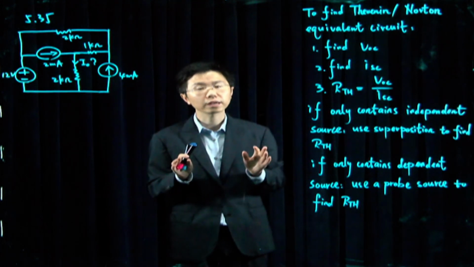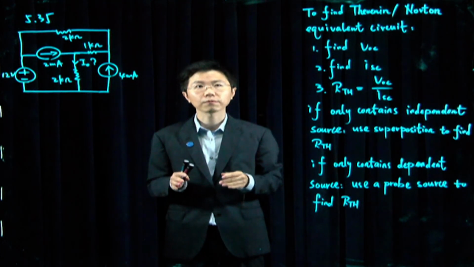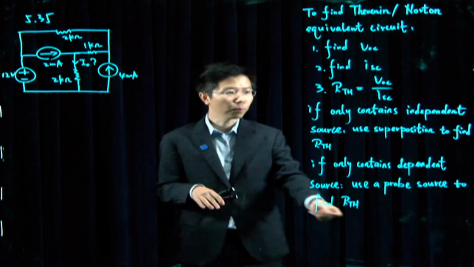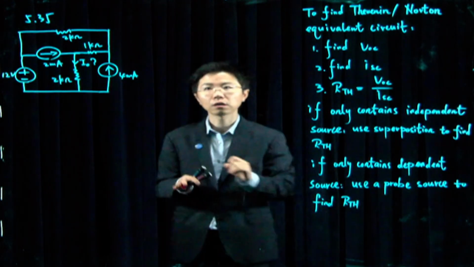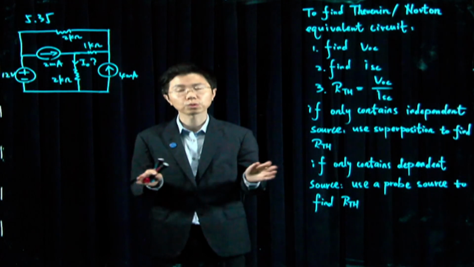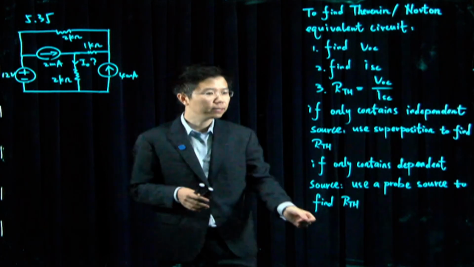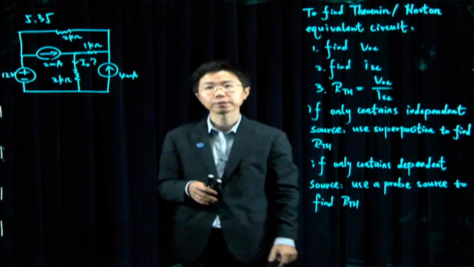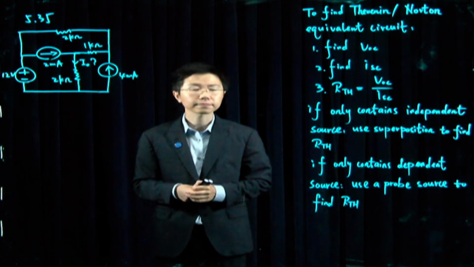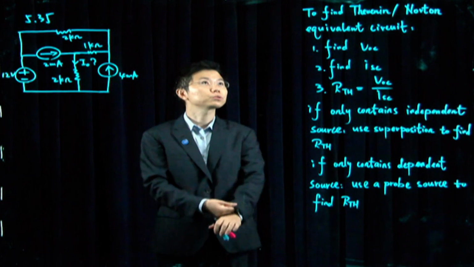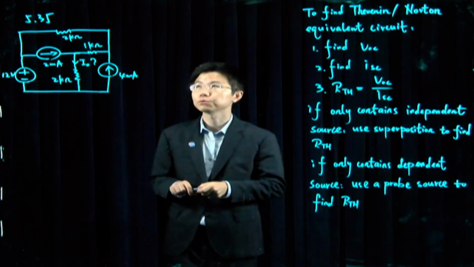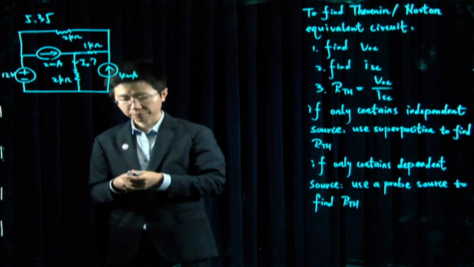To find the equivalent circuit for that type of question, you need to add a probe source, that is, artificially add a voltage source or current source, and then follow these three steps to find the equivalent resistance. After this quick recap, let's see how we can apply this method to solve problem 5.35.